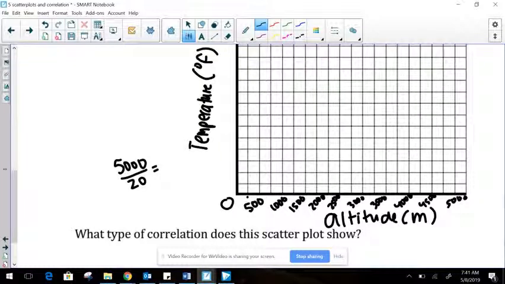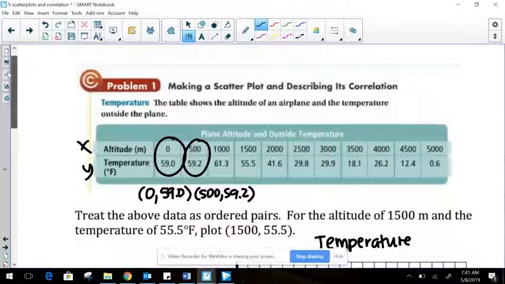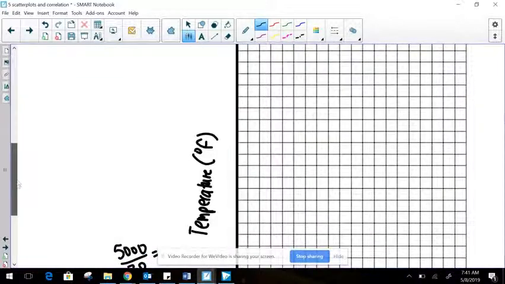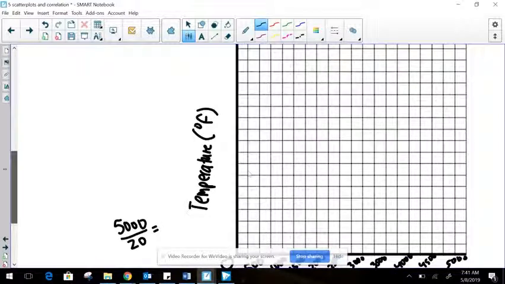All right, and then the temperature, I need to get to, let's see, what the highest is, like 61. Okay. So again, I have 20 lines going up. I'm probably just going to go by 5. That seems practical.